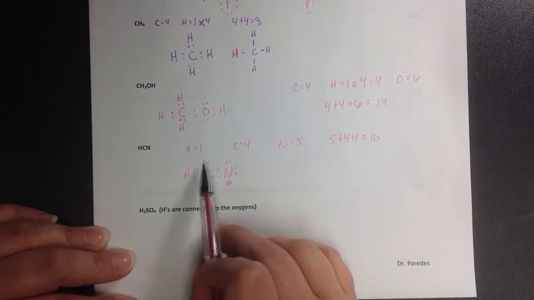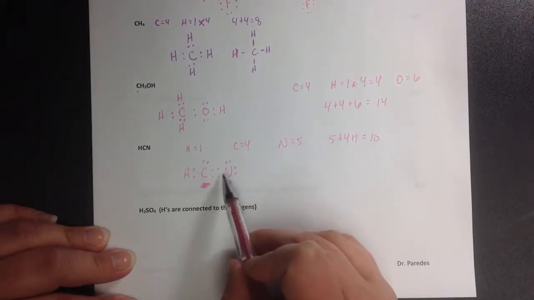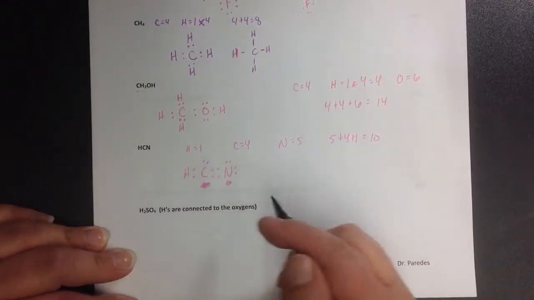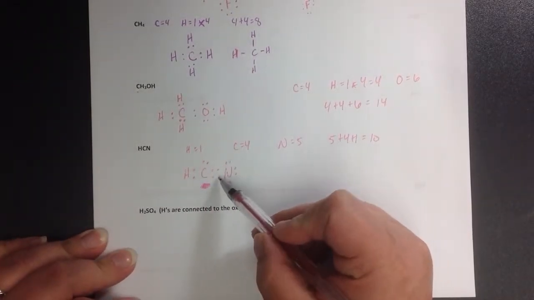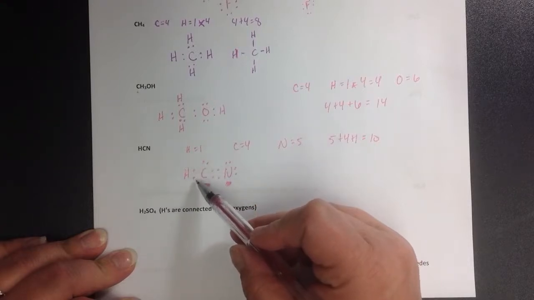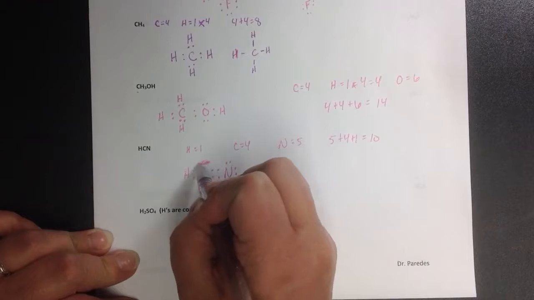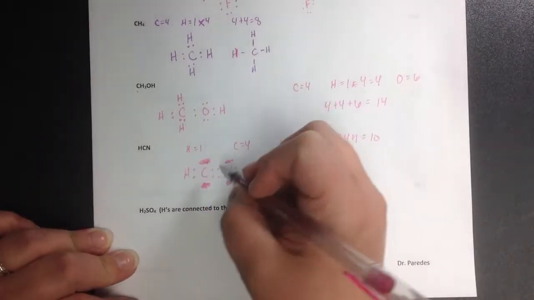Now this carbon has 2, 4, 6, 8. Nitrogen has 2, 4, 6, 8. We're good. Let's make sure that's 10 total. 2, 4, 6, 8, 10, 12. We still have too much, which tells me we have to do the same thing again.